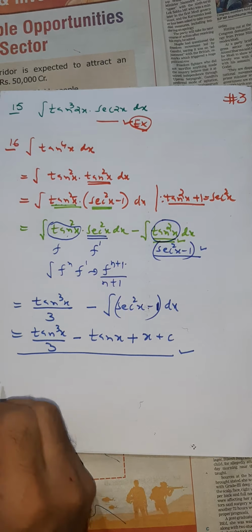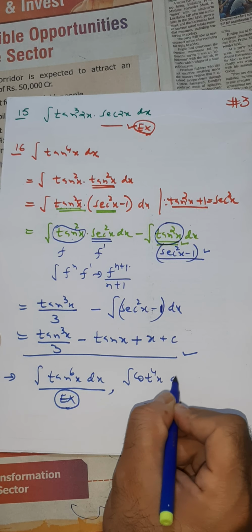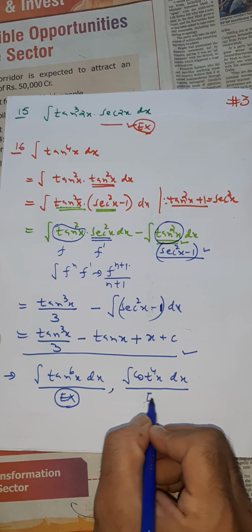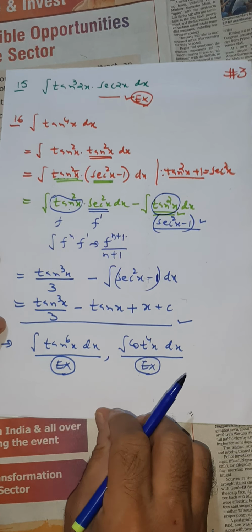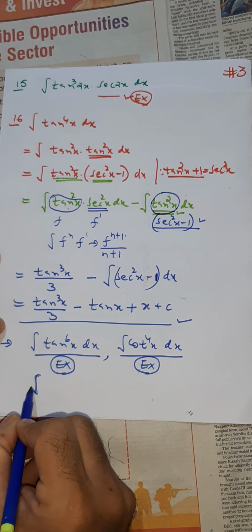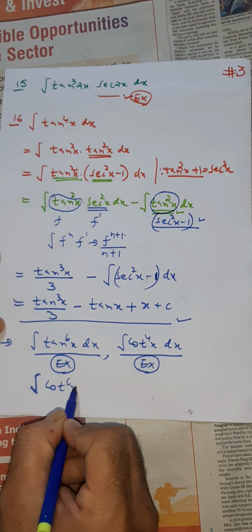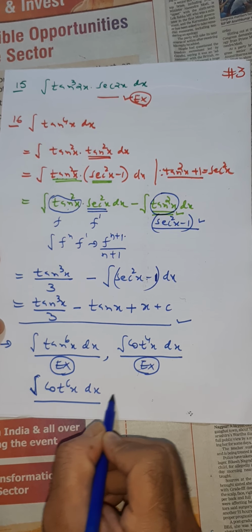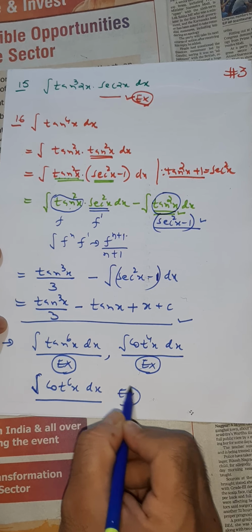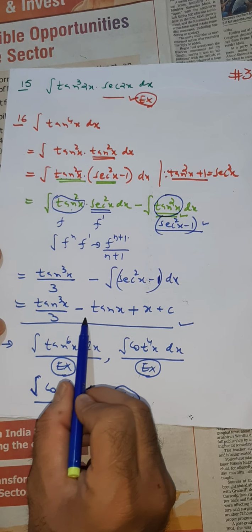You try the same way this question also. Tan raised to 6 the whole dx. This is for you. You must try to solve this. Try cot raised to 4. Try these also. This is for you. Try the same way, cot raised to 6 the whole dx. These 3 questions are for you. Try, you will see. The answer would be in this form only.